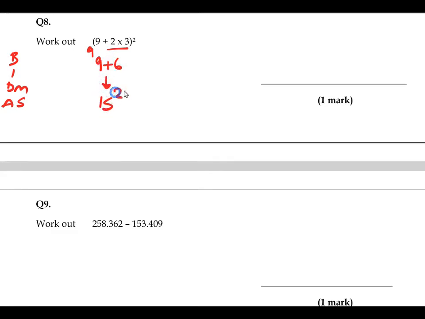Now we can open the bracket and square 15. So we need to know what 15 squared means, which is 15 times 15. If you can't do it off the top of your head, just use your box method to make the calculation easier for yourself.